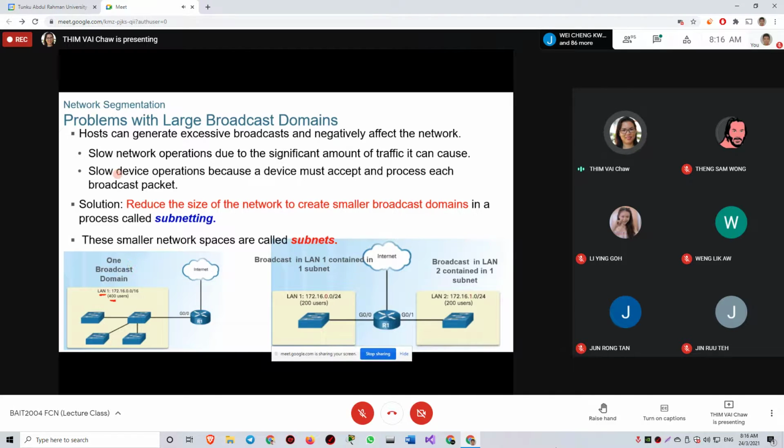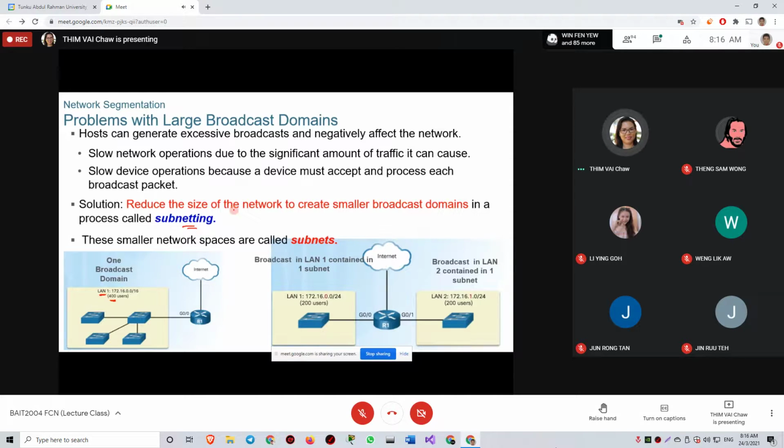And the 400 individual devices will also slow down because a device must accept and process each broadcast message. So the solution is you can only reduce the size of the network to create a smaller broadcast domain. That's why we need subnetting.